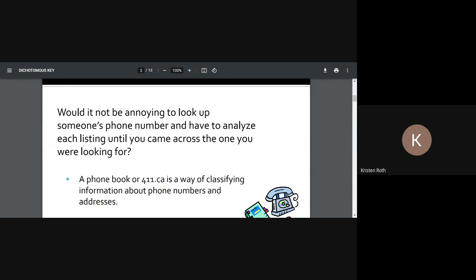Now, you guys probably don't, I don't even know if you would know what 411 is, or a phone book actually. They don't make the phone books really anymore. They used to print out a new phone book for everyone in Barrie once a year. I think we got a new one in the mail, and it was huge.